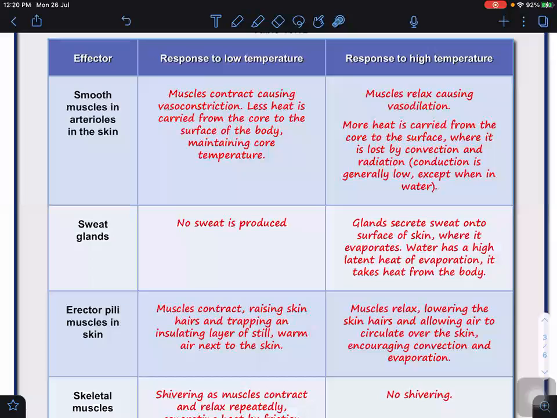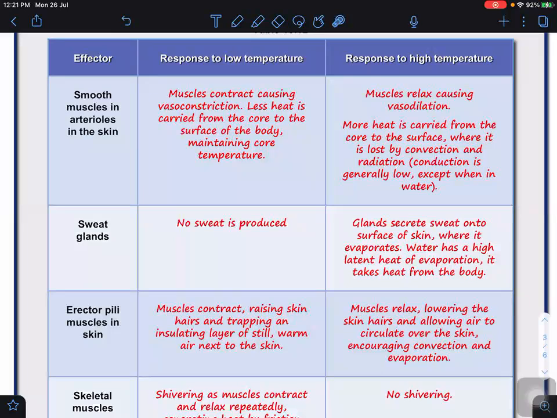Okay, so vasoconstriction. But if your body temperature is high, can I see that? Body temperature is high, so we want to release the heat energy. So how do we do this? We can allow the blood to flow into our skin, therefore we can release the heat energy. But in order to get more blood flow into the skin, what do we have to do?